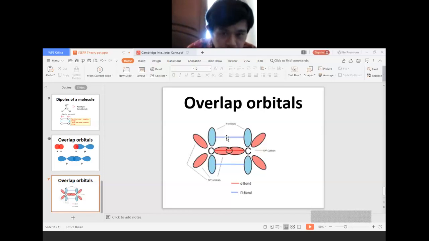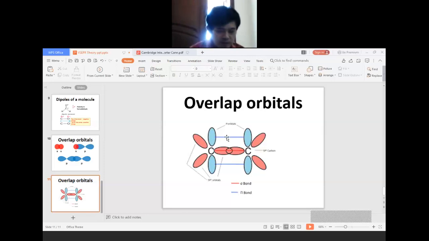Okay, and then next time, maybe tomorrow, we are going to study orbitals and also hybridization of orbitals. How carbon can make methane, and carbon can make alkene, and also can make alkyne.